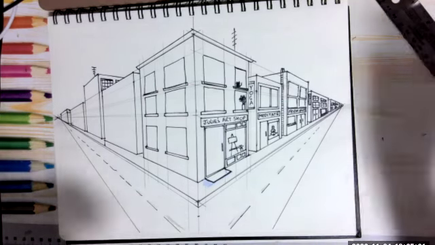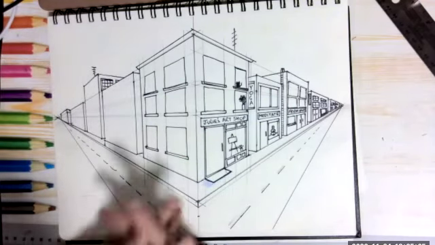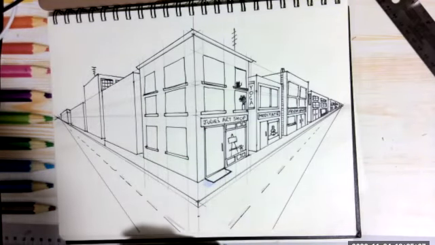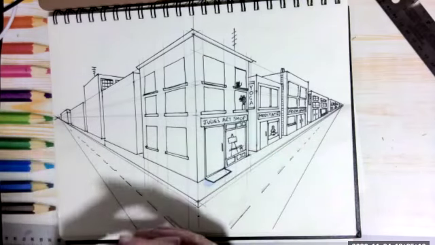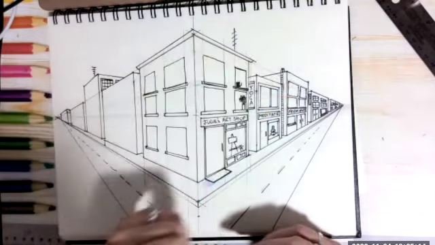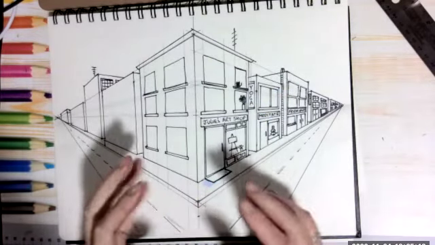I've done this many times in my kids' class, and I'm just amazed at their creativity. One lad did a street in outer space, with flying saucers going overhead and aliens shopping.